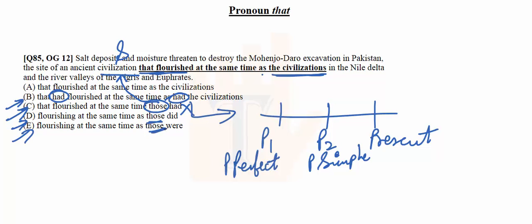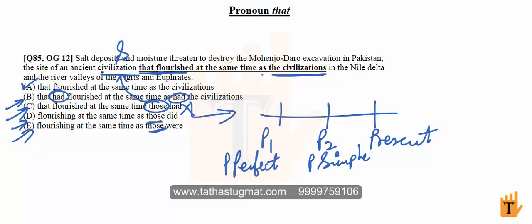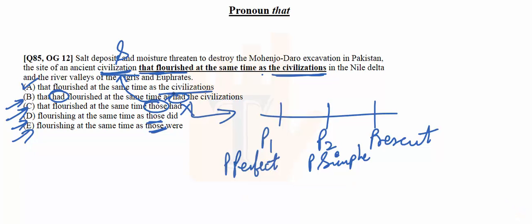Those. So we are left with only one option, because the situation was demanding that we have a singular noun and later on a plural noun, or we can use a plural pronoun. But if I use a plural demonstrative pronoun, that cannot refer to civilization, and that's a problem.